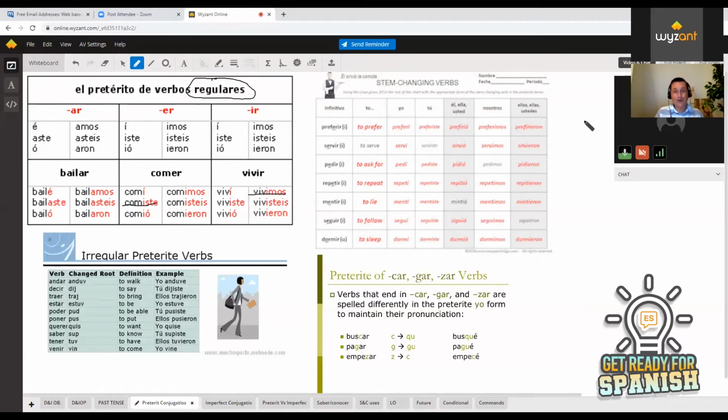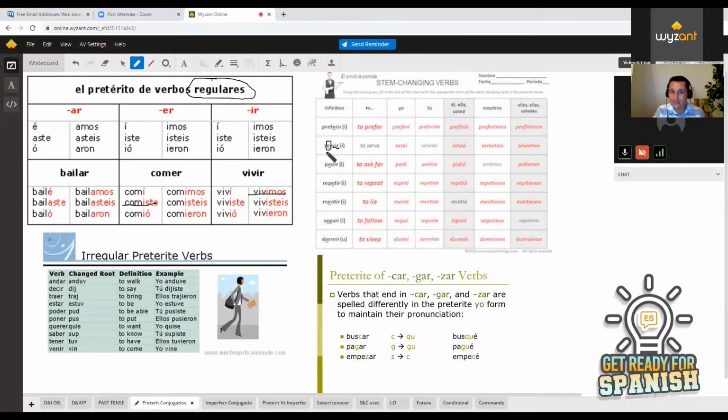You're gonna have to do a lot of memorization for this one and a lot of thinking before you fill out those blanks. When you are doing exercises, conjugating in the preterite, just double check your answers, please, because you may be dealing with a stem changing verb. If you remember, a stem changing verb is the one that not only changes the ending when it conjugates, but also changes a vowel.